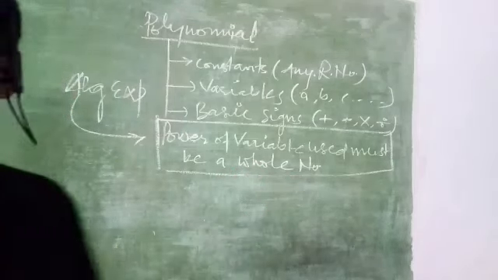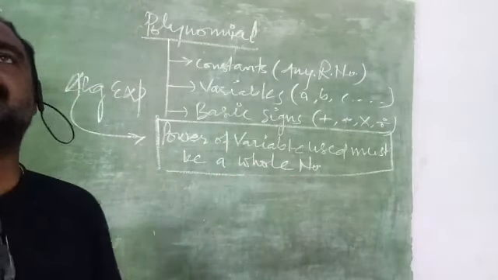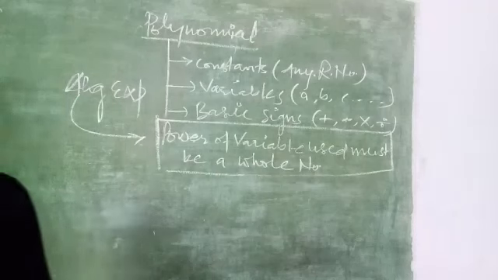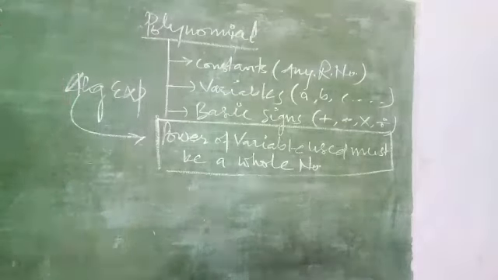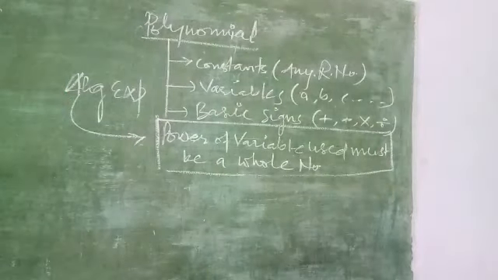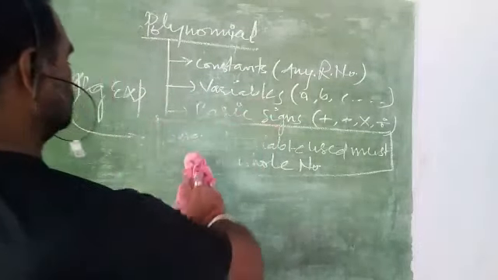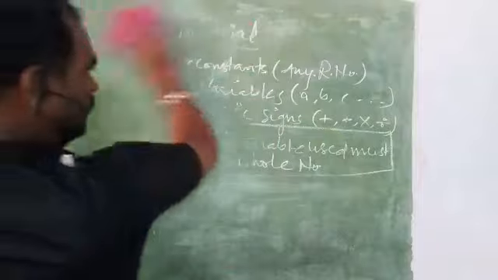In class 9th we have done to find the zeros of the polynomial. Zeros of the polynomial can be found out by common methods.